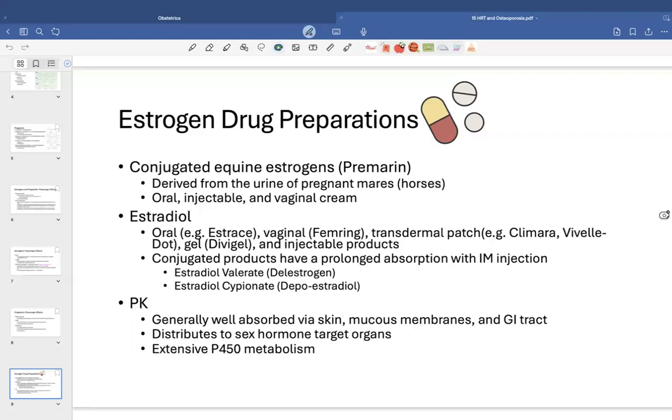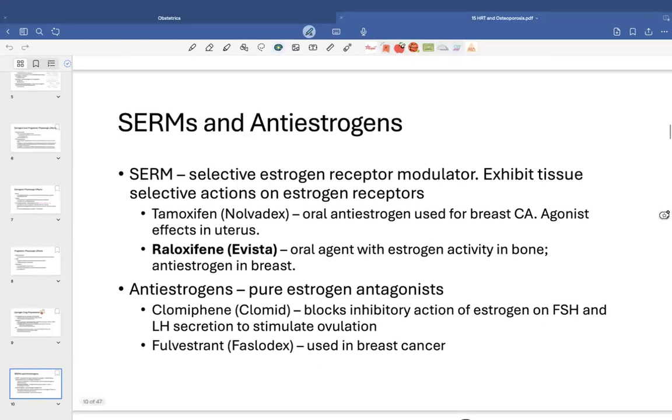And related to that are the SERMs and anti-estrogens. We discussed these in the context of cancer treatment last semester and fertility treatment last week. The SERMs, selective estrogen receptor modulators, are basically compounds that will have different effects on estrogen receptors depending on the part of the body the receptors are located.